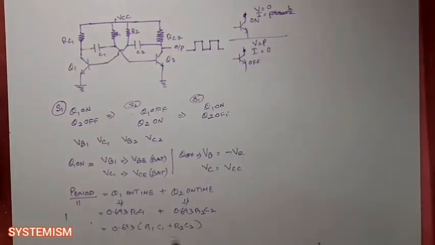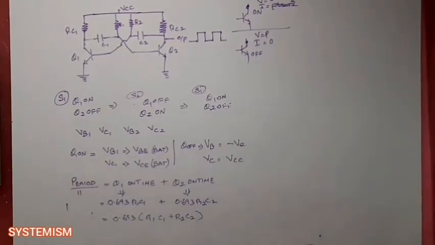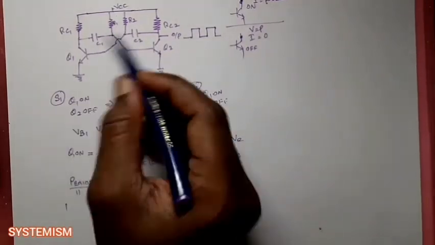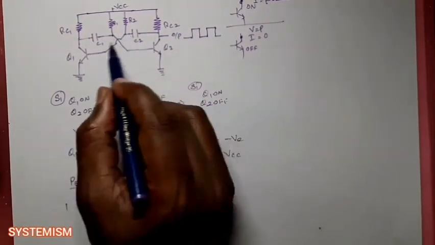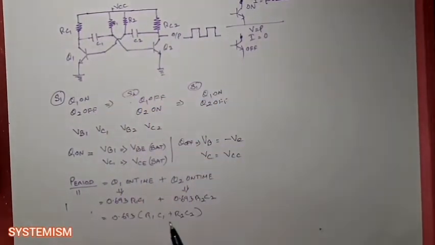is given by, we will consider both R1 and R2 equal to R, and C1 and C2 equal to C. Due to this you will get the same waveform in this area and also this area. So R1 equals R2 equals R and C1 equals C2 equals C. Now what is the total period?